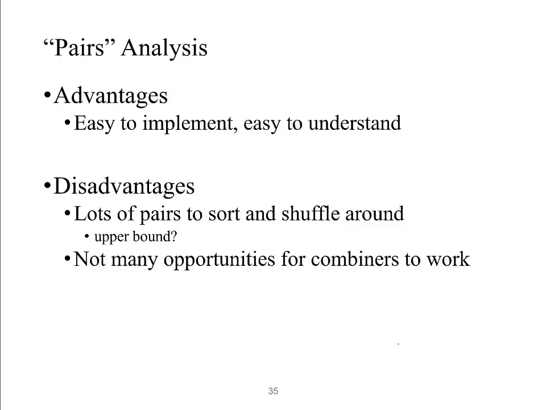So the good thing of using this pair idea is that it is easy to implement and easy to understand. As I said, it is just a slightly more complex version of word count, right? But the disadvantage here is that it involves a lot of pairs to sort and shuffle around.